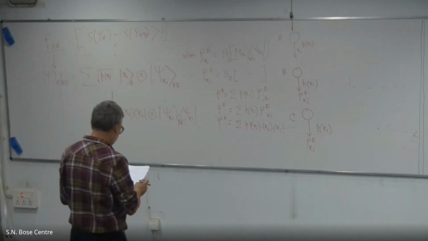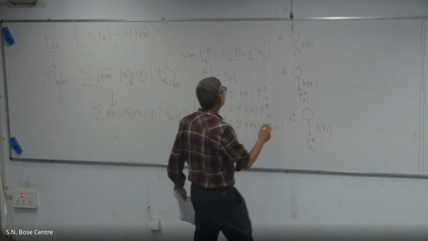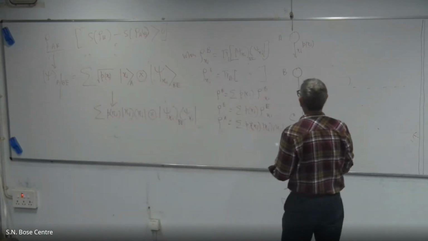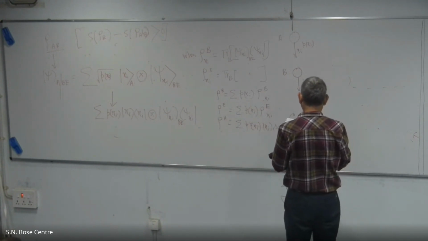Now let me calculate another quantity, the Holevo quantity, with AB.